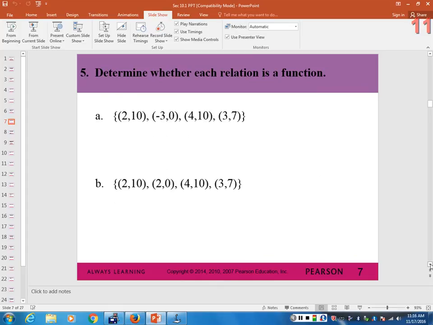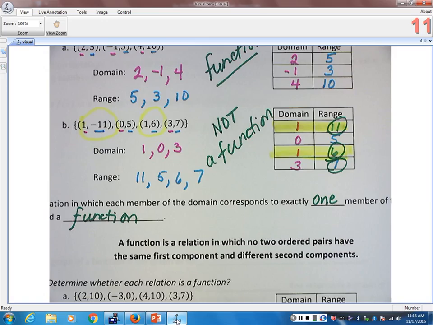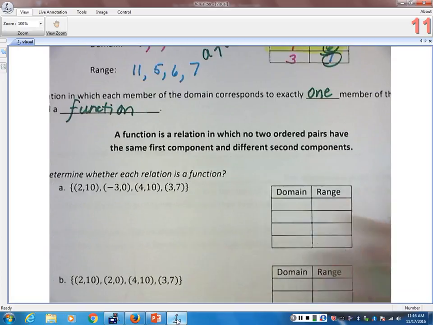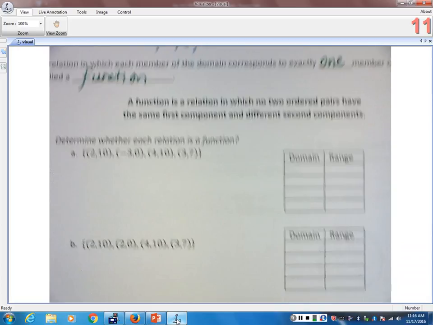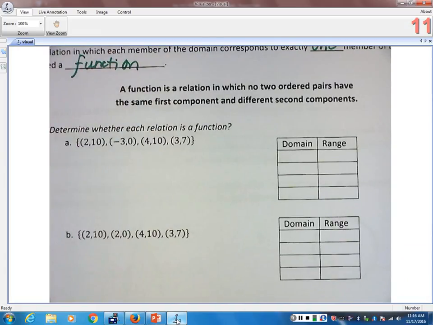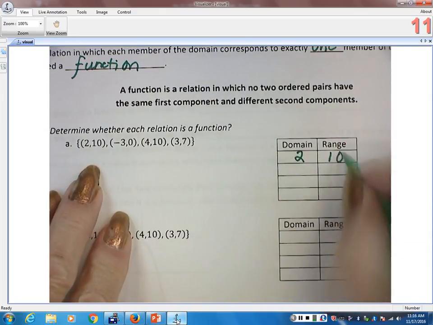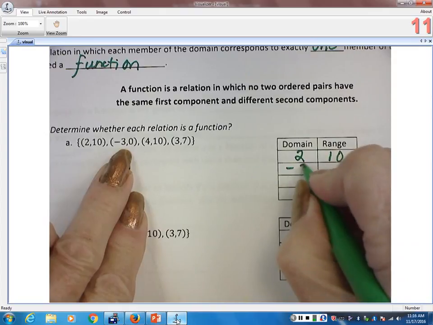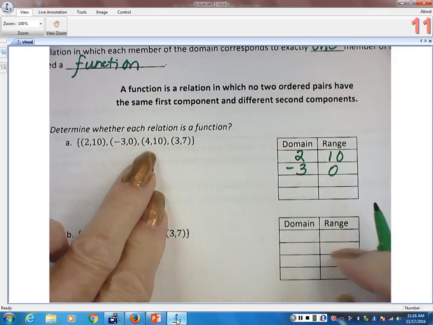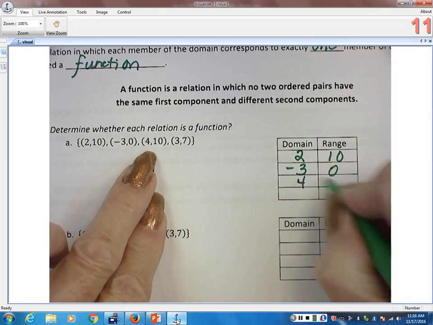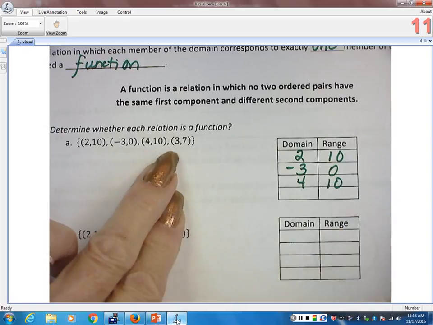So let's determine whether or not each of these is a function. We have the points 2, 10, and negative 3, 0, and 4, 10, and 3, 7.